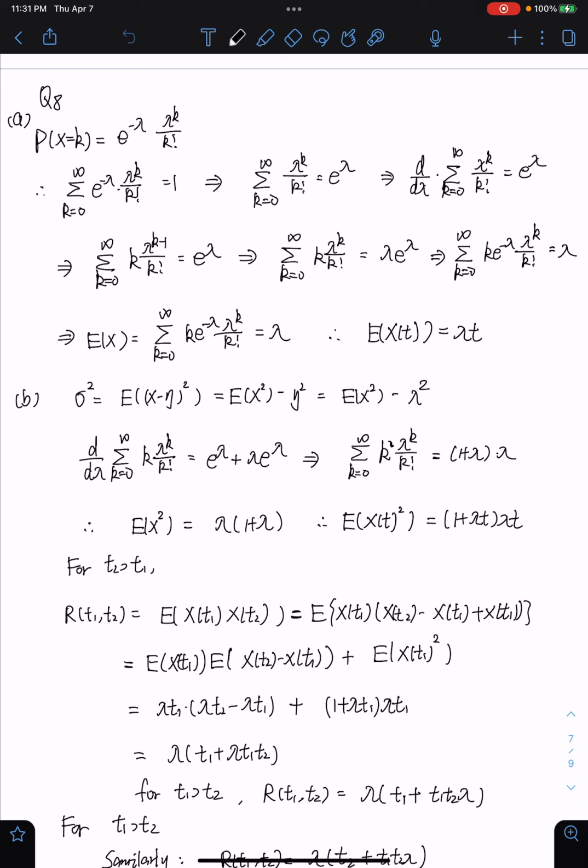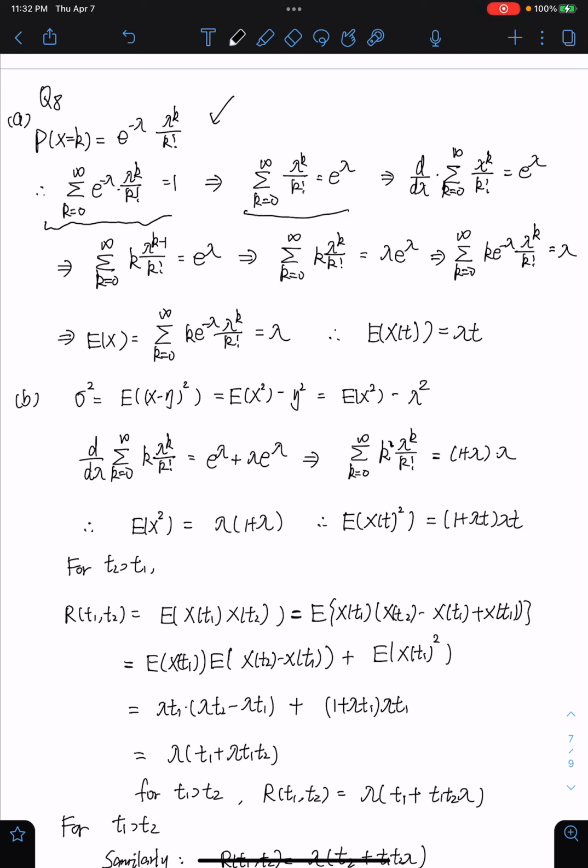So let's focus on the questions as we solved in chapter 4. First, if you have a Poisson distribution like this, it's the density function of the Poisson distribution. So the summation of the Poisson probabilities should equal 1, and we multiply e to the power of lambda on both sides.